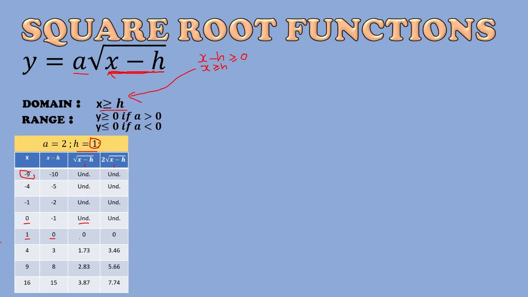The square root of 0 is 0, and when you multiply by 2 it's 0. If you use 4, 4 minus 1 is 3. The square root of 3 is 1.73, and when you multiply by 2 it's 3.46. And you continue doing the same with the other values of x. And when you represent it, that's my example, 2.